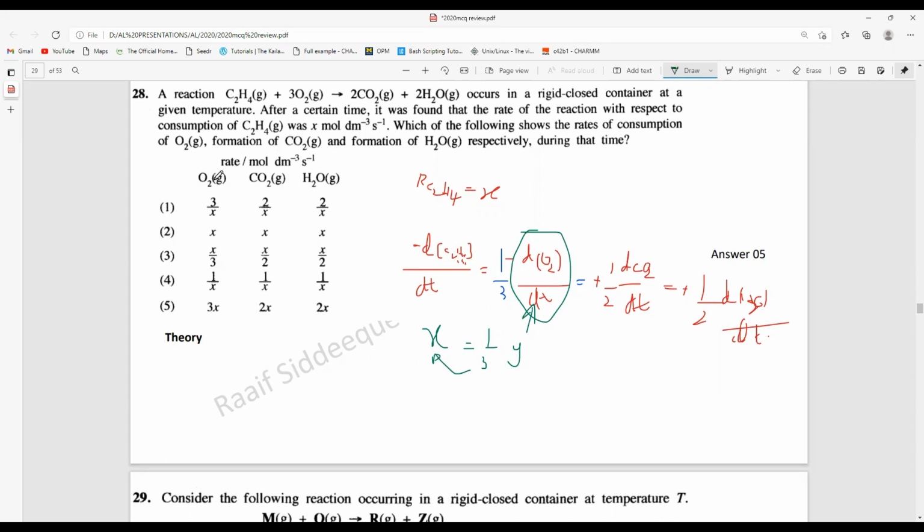So the consumption of oxygen would be equal to 3X. And in a similar way, if this is X, and we take this as Z for example, then Z would be equal to 2 times X. And here it is in the same way. So the answer is very straightforward. Okay. So I see this type of question after a long time.